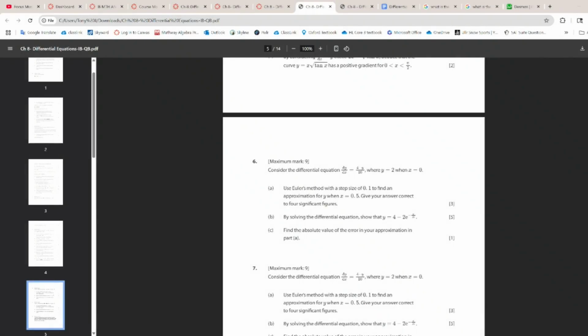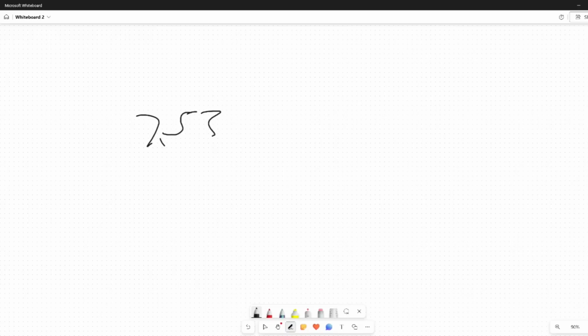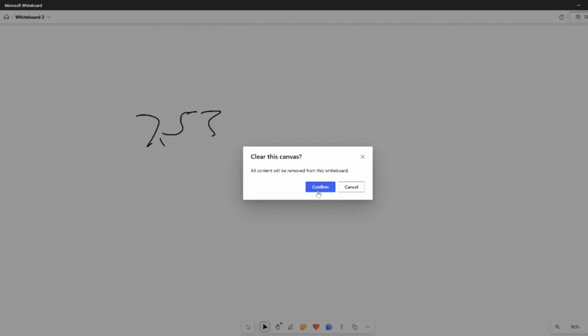Alrighty, so let's take a look at number 6 here. And for this one, we're going to be using Euler's method again. So let's get onto the calculators. Okay, let me switch back to the whiteboard. Alright, let me clear this.